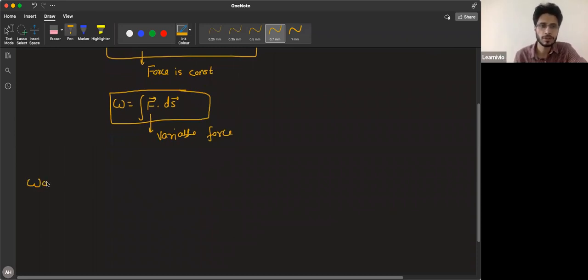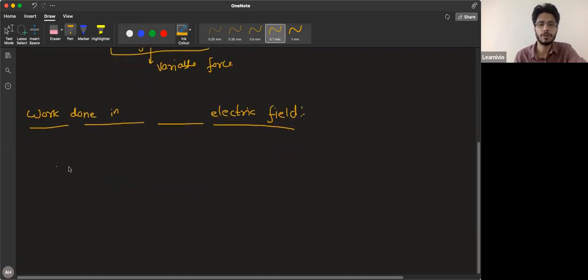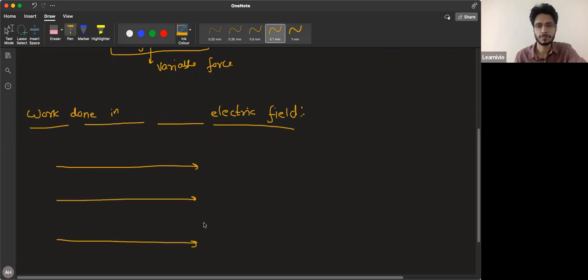So work done in external electric field. Or we can simply write this as work done in electric field. So if you take an electric field, this is some electric field, and you put a charge Q in this electric field.